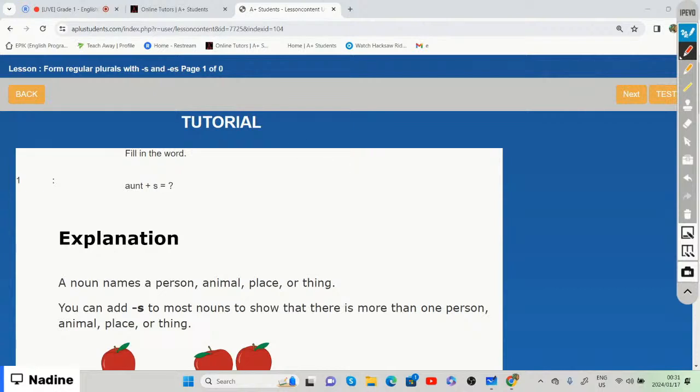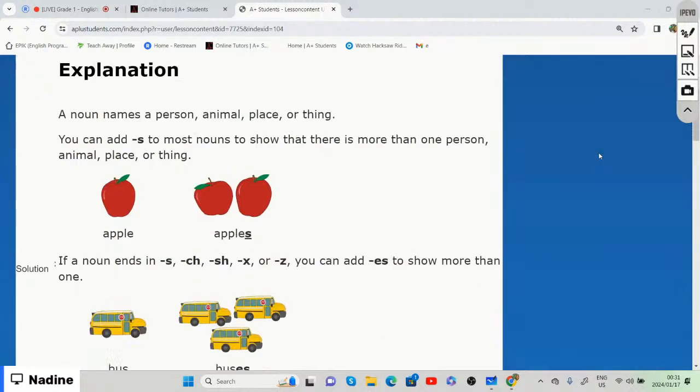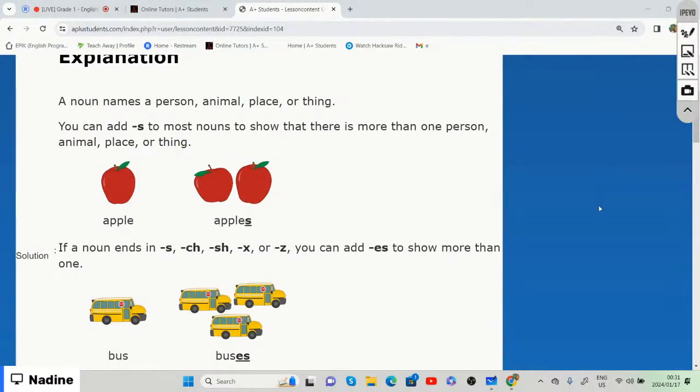If we add those two words, then it will be "ands", as well as the S. So "ands". And we then say that a noun names a person, animal, place, or thing.